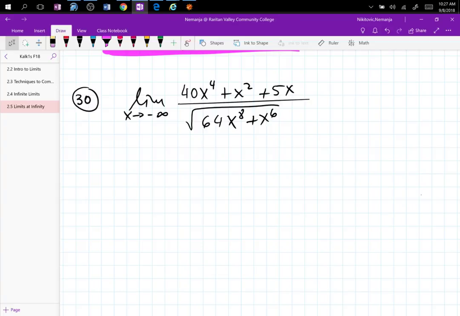What is the highest exponent in the problem? 4. Square root of 8 is 4. So x to the 4 is the highest, because the square root of x to the 8 is going to be x to the 4. So we are supposed to divide everywhere by x to the 4. That's the reason why I picked this problem.